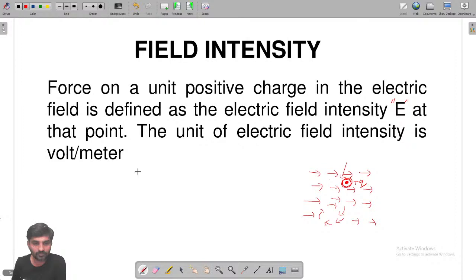If you write a formula for this, electric field E is equal to force F per unit positive charge.